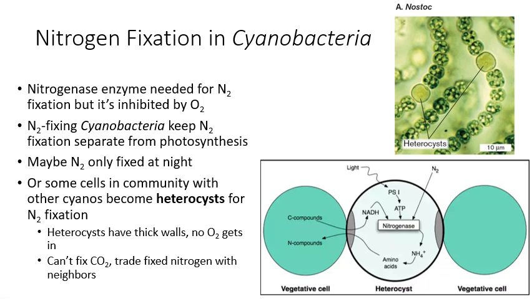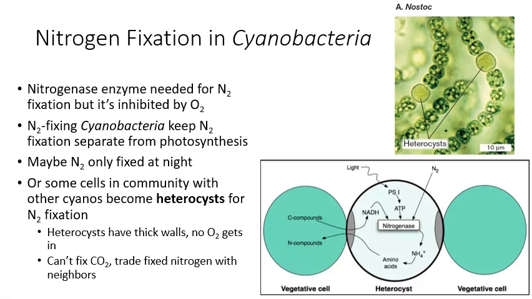So a little bit more about how cyanobacteria fix nitrogen, for the ones that do. They're going to be using the enzyme nitrogenase, which we mentioned before. Actually, all nitrogen fixers are going to be using that nitrogenase enzyme complex. And as we mentioned, that enzyme is inhibited by oxygen. So cyanobacteria, of course, produce oxygen through oxygenic photosynthesis.